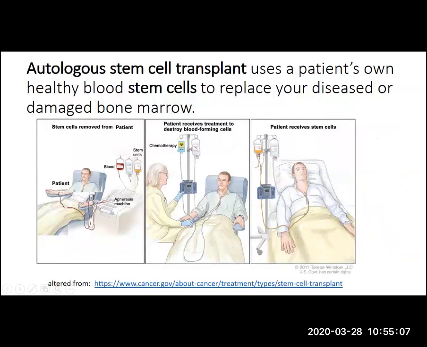And so an ideal way of doing a stem cell transplant or any type of organ transplant is to use cells that automatically match up exactly with the recipient. If we're going to move an organ from a donor to a recipient, you want them to be genetically identical. You want them to be identical twins.